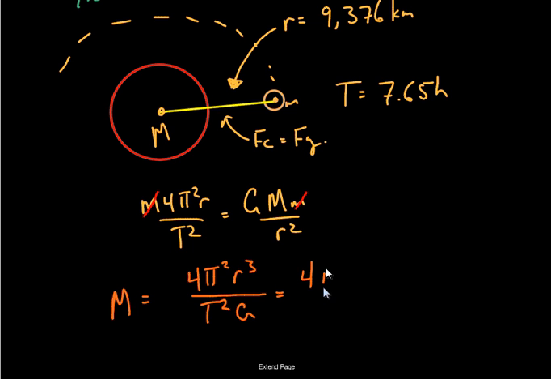So let's put in some numbers. Okay, so 9376 kilometers is the same as 9.376 times 10 to the 6 meters, right? And it's a little more tricky, 7.65 hours. Can I use hours here?